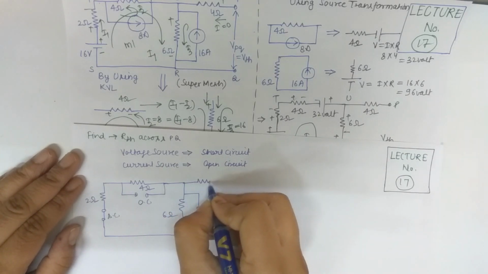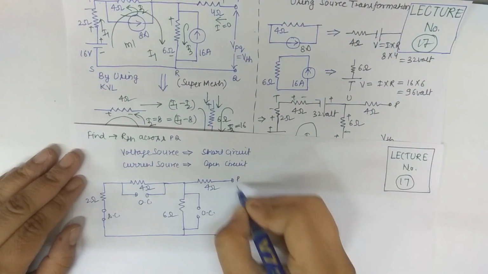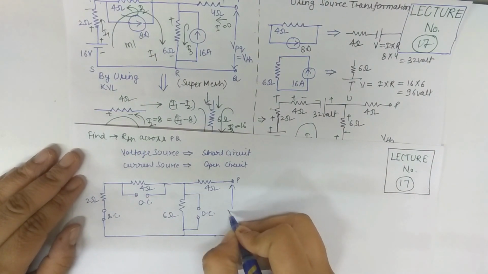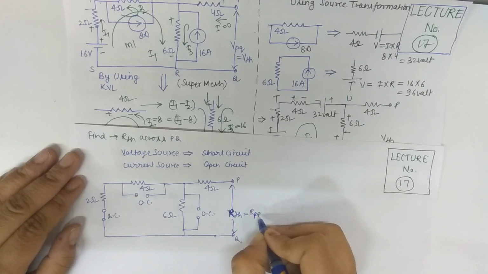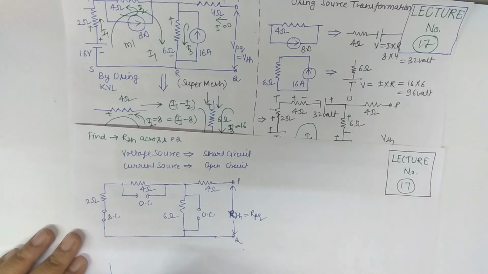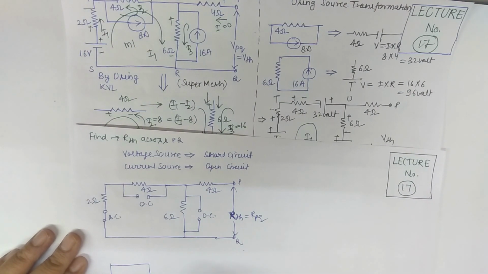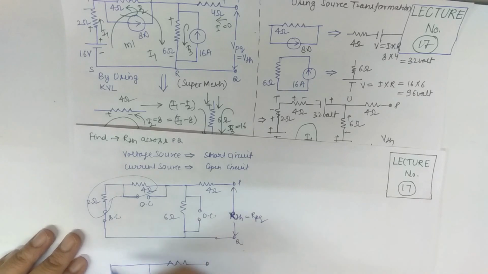Now here this is 4 ohm and this is P and Q, at which we find out RTH, that will be RPQ. So this is 4 ohm and 6 ohm are connected in series. So this is 6 ohm and this is 6 ohm are connected in parallel, because we take these two resistance in series.